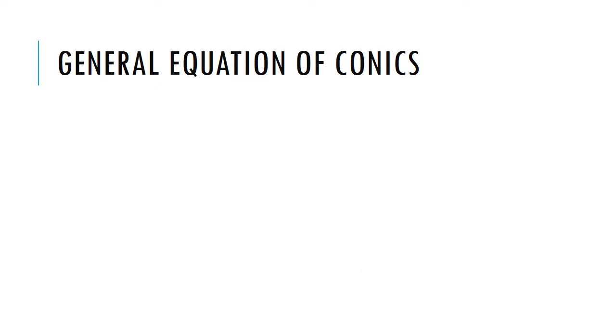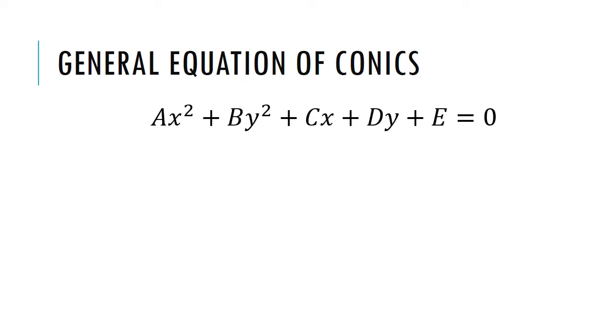Interestingly, from our general equation itself, we may know what type of conic section we are dealing with just by inspecting the coefficients a, b, c, d, and e.